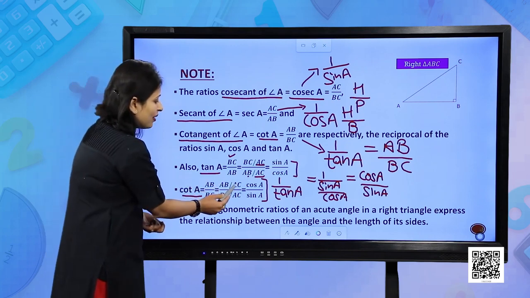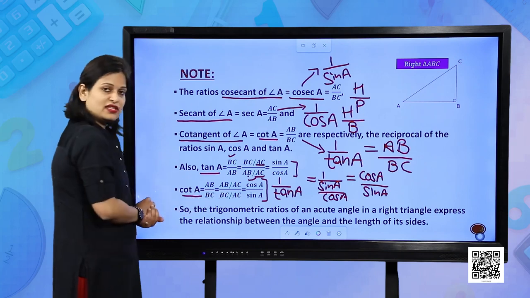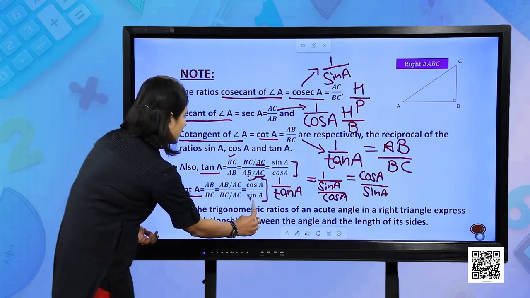You will get AB upon AC, that is cos A, and BC upon AC, which is sin A.